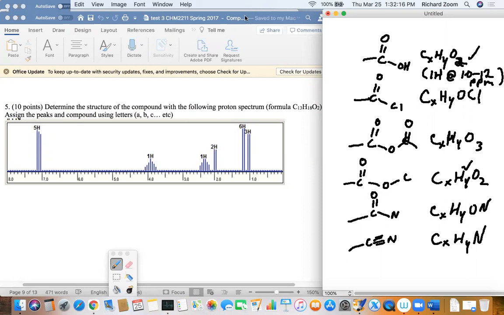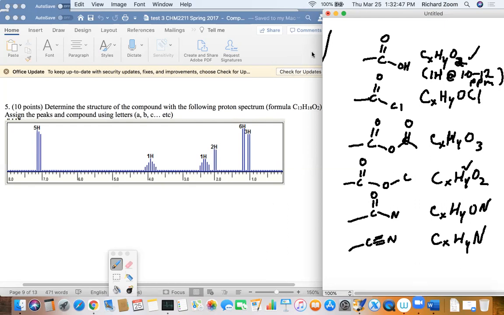All right. This is only about whether you understand the relationship between functional groups and the molecular formula for the NMR problem, not about the NMR problem itself, all right?